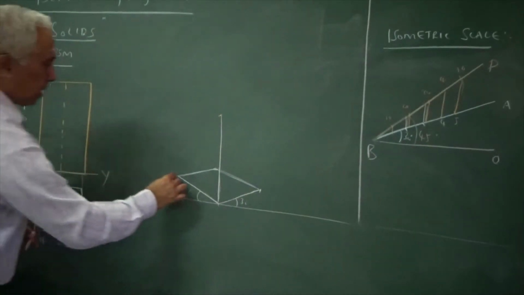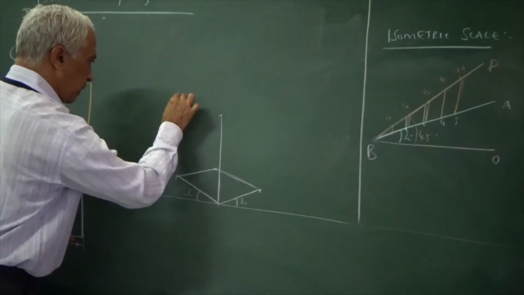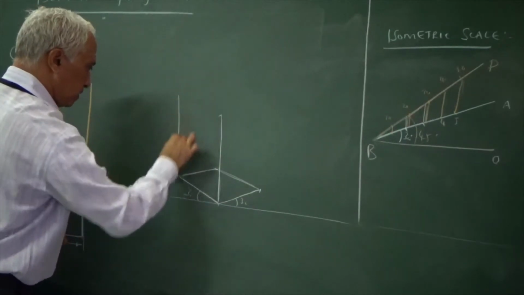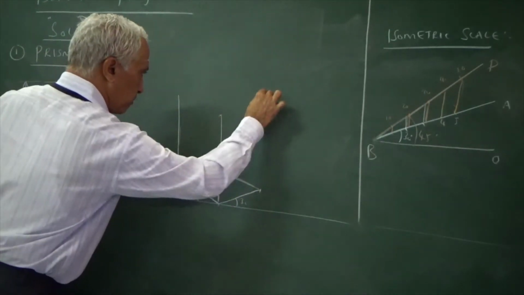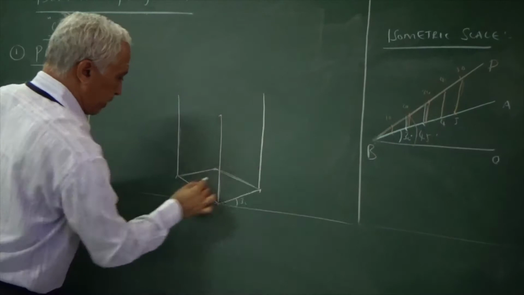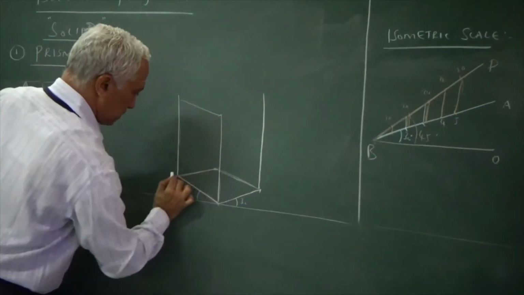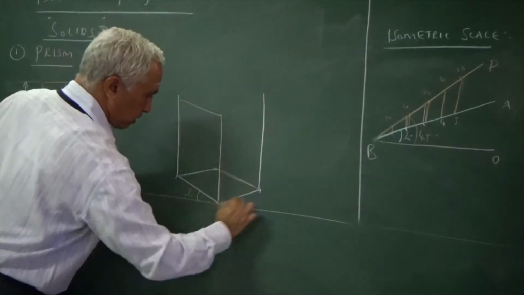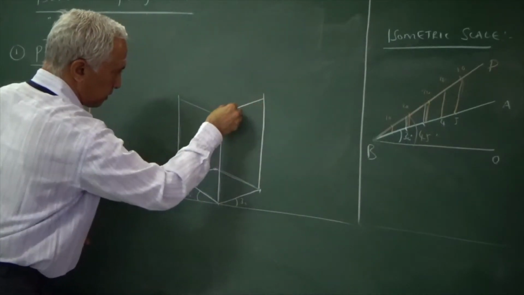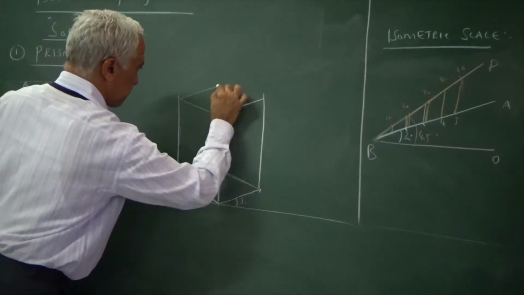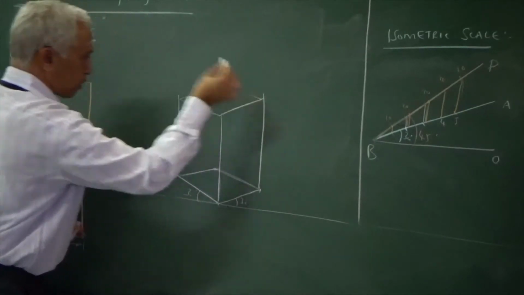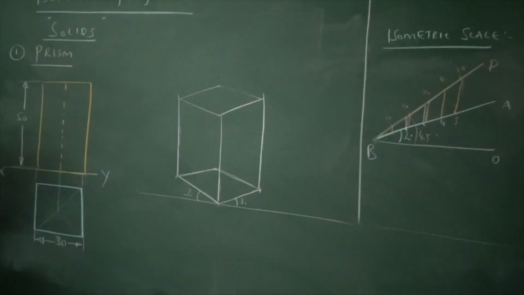From the other corner points, keep on drawing parallels, ISO 50, parallel, ISO 50, and from here, parallel to this side, and from this point, parallel to this side, and complete the top face also. But draw very lightly the boundary of the prism.